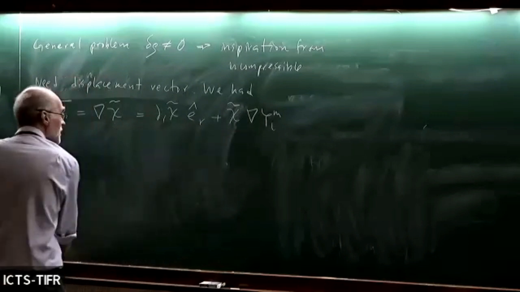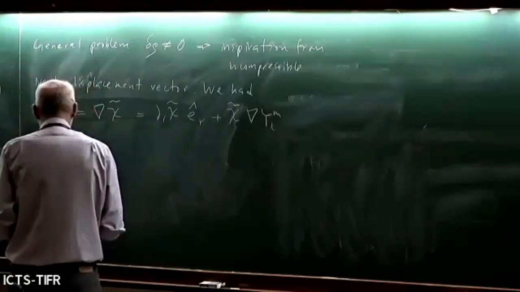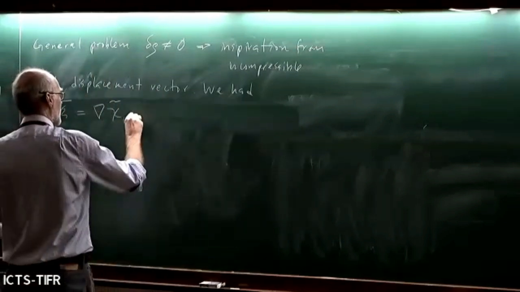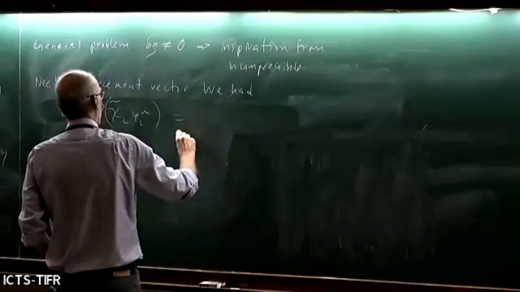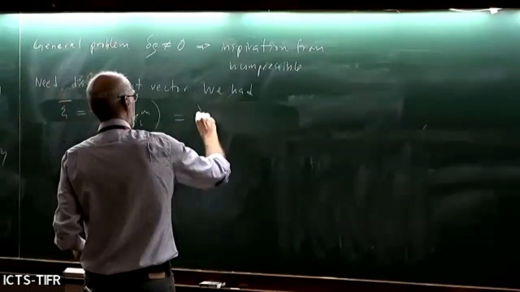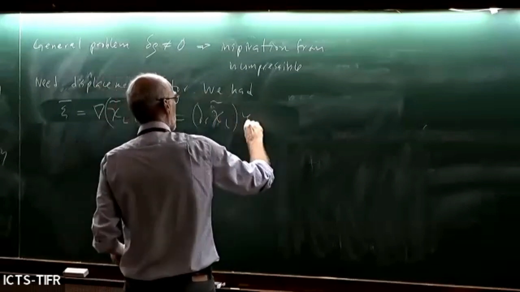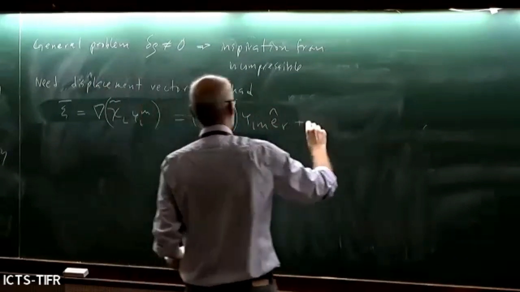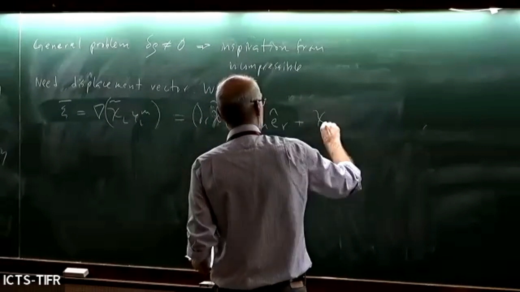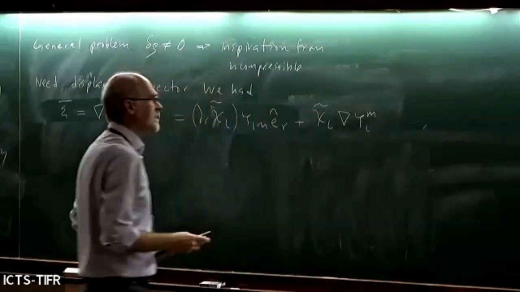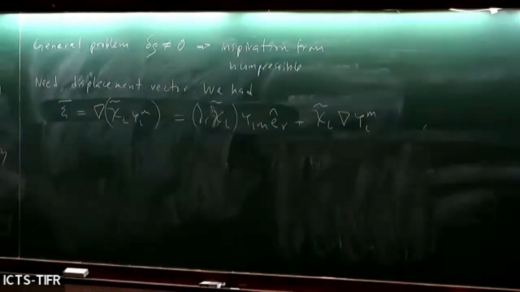Oh, no, I made a mess for myself. Oh, good. That was sloppy. Sorry about that. Let's do it like this. Chi_L, Y_LM. That's what we want. Then this is the radial derivative of chi_L Y_LM, e hat r, plus, now it makes sense, chi_L gradient Y_LM. And that is then on the two-sphere an expression of angular behavior. That looks better, right?